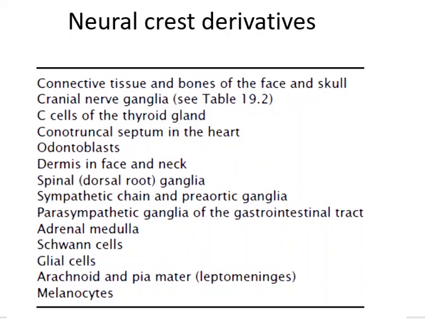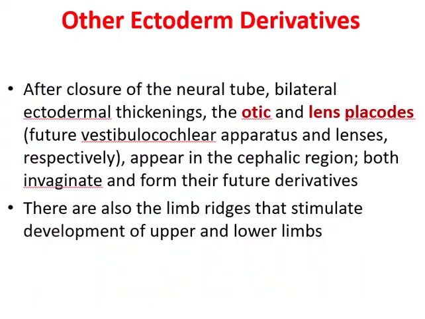The remaining ectoderm gives us the ectodermal thickenings of the otic and lens placodes, which later form the vestibulocochlear apparatus and lenses, which appear in the cephalic region. Also it contributes to the limb bridge that stimulates development of upper and lower limbs.